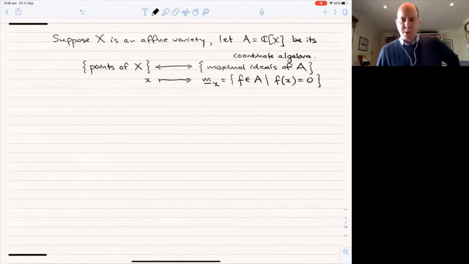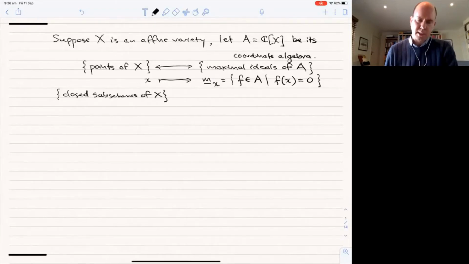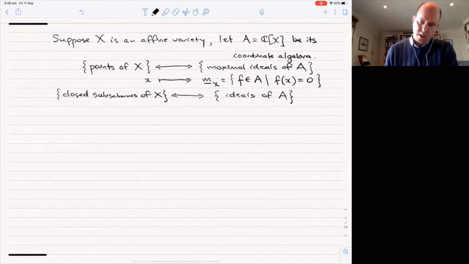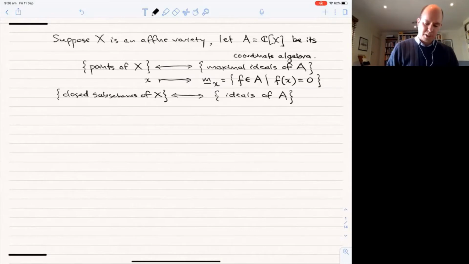And I also talked about, in the definition of the Hilbert scheme, I used the phrase closed subscheme. And closed subschemes of X correspond under this dictionary just to all ideals of A. So a point is a particular example of a closed subscheme, one of length 1.